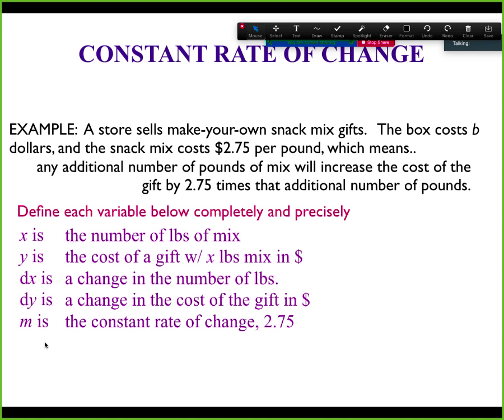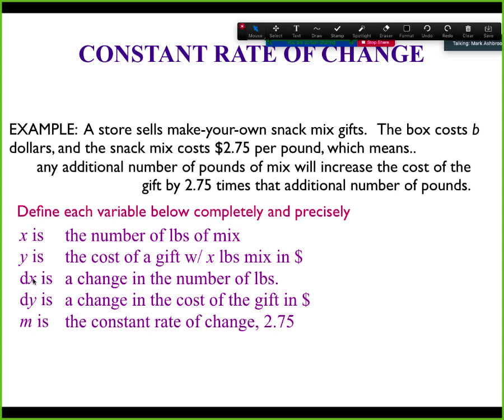Which ones are variables and which ones are parameters? X, variable or parameter? Variable, why? Takes on multiple different values. Yeah, it's variable, right? Y is variable too.